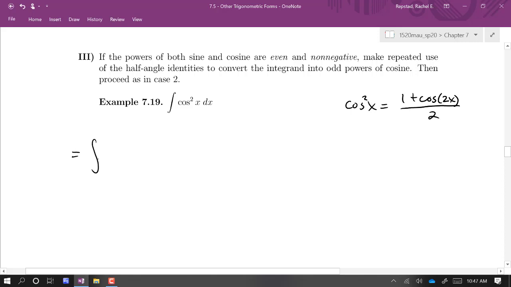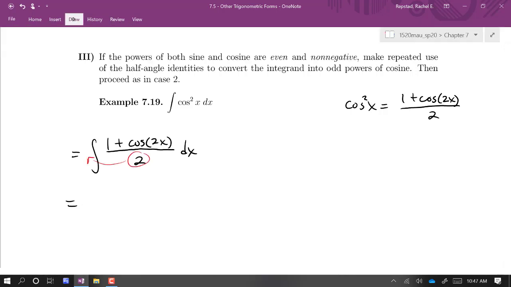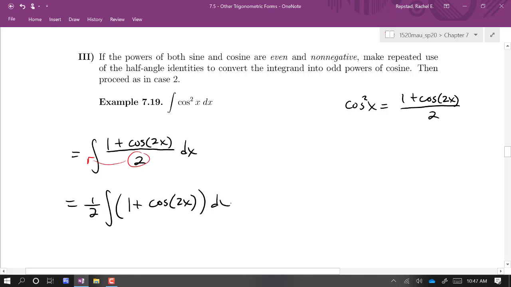So I'm just going to replace that in the integral. I'm going to drag out this factor, this 2 that's in the bottom, so it'll be a factor of 1/2 outside the integral. So I just have 1 plus cosine 2x. I've got two terms.